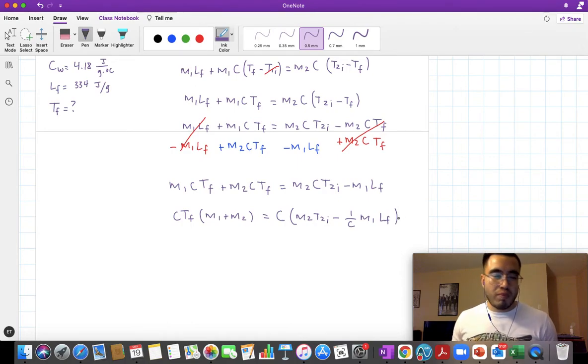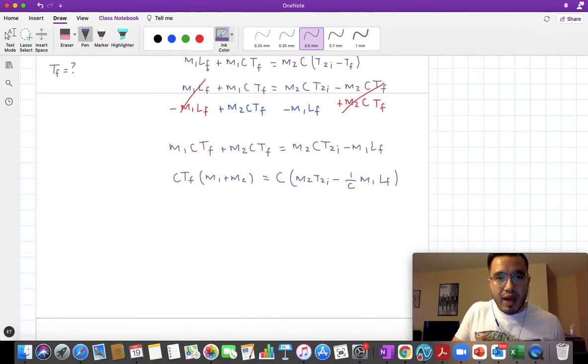Alright, so now I can cancel the specific heat here and here, and it's still going to be correct because I have this term.